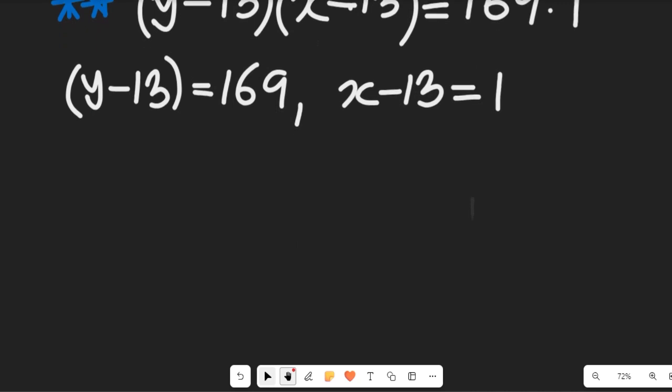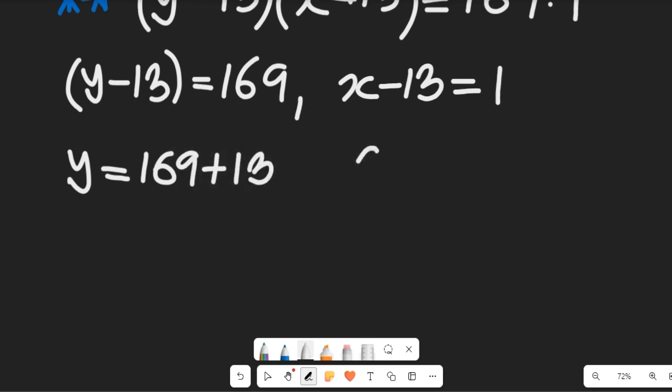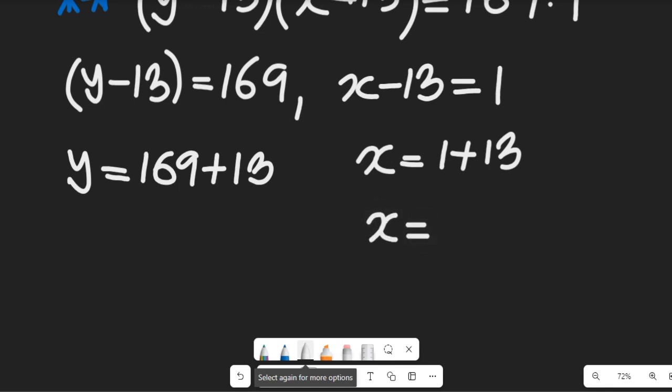If we simplify those two, we're going to have y equal to 169 plus 13, and then we'll have our x equal to 1 plus 13, right? So x here will be equal to 14, which is a solution, right?